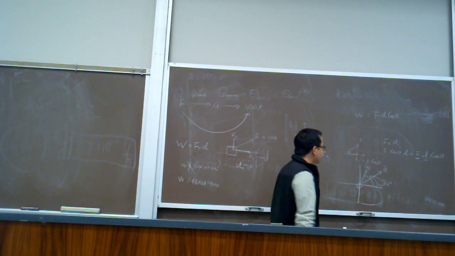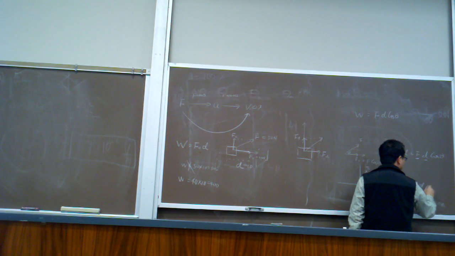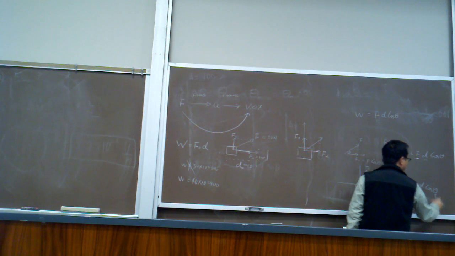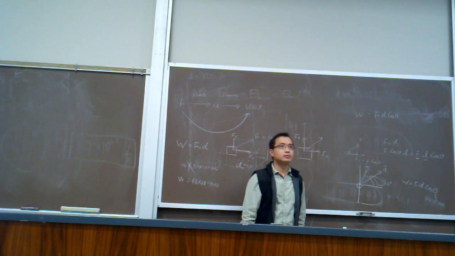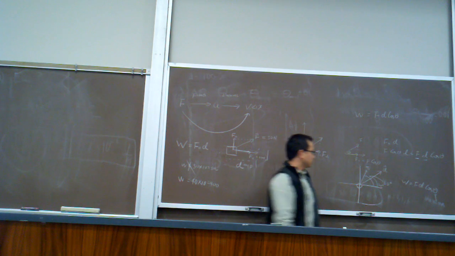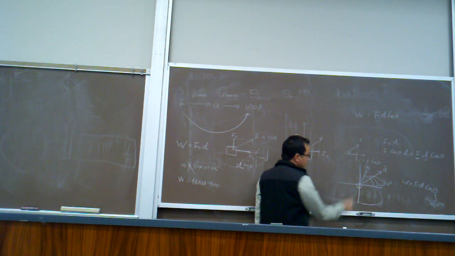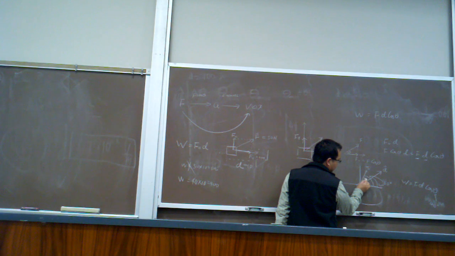What is the angle you have to put in to calculate the work? What is the value of angle theta here? 40 degrees, right? It's the angle between the two directions.